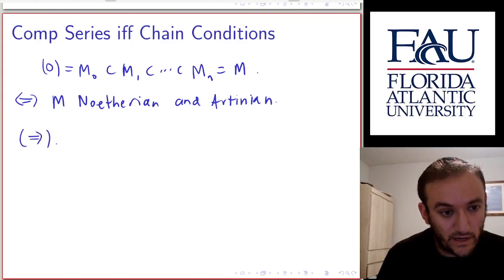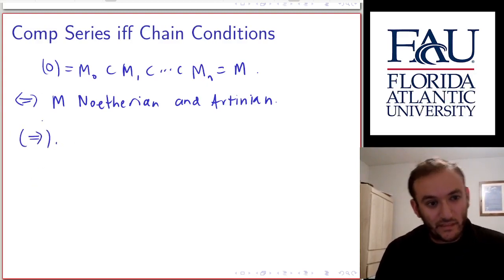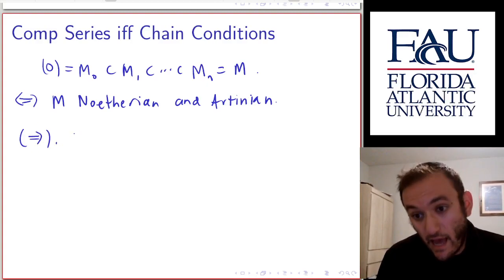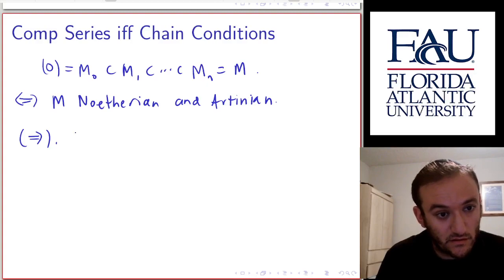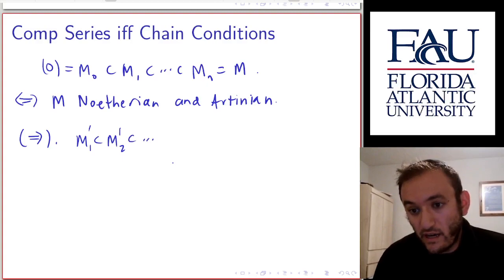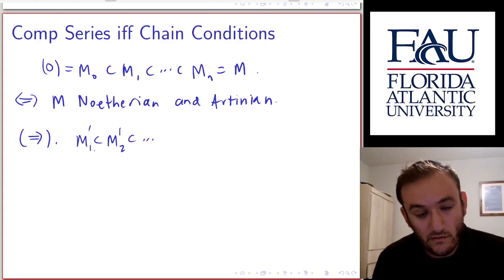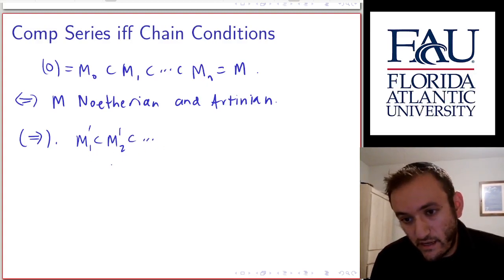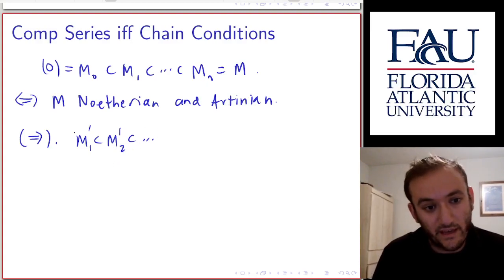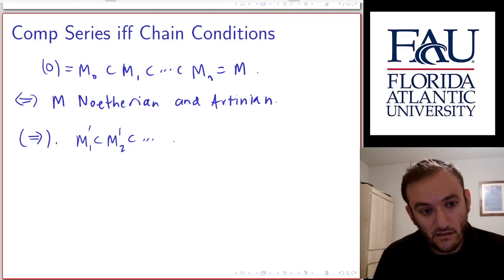So going this way, if you have any chain of submodules, so let's say an ascending chain, M1 prime, M2 prime, etc., going up, assuming all of these inclusions are proper, and if they're not, then you can just throw them away.